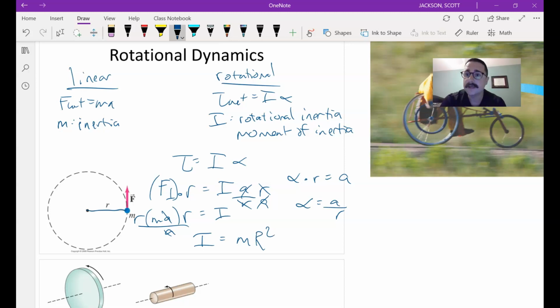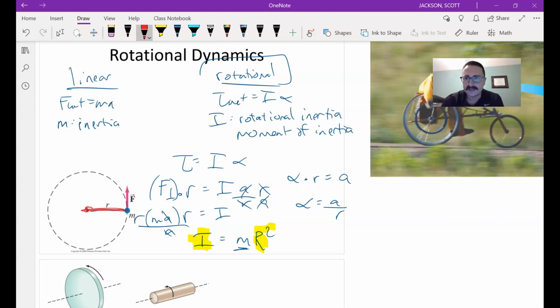So how do you find moment of inertia? It just is mr squared. So things will have more rotational mass if they have more mass. Well, that's pretty easy. Then this also says they will have more rotational mass, which is I, if they have a greater r. That is not radius, but their distance from their axis of rotation, so how far that piece is.